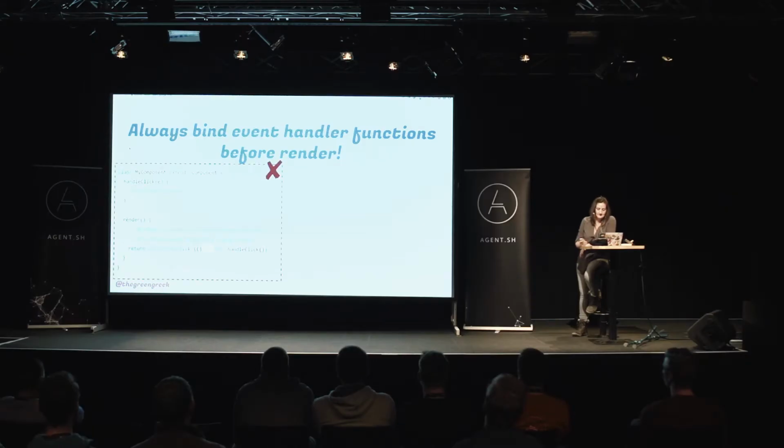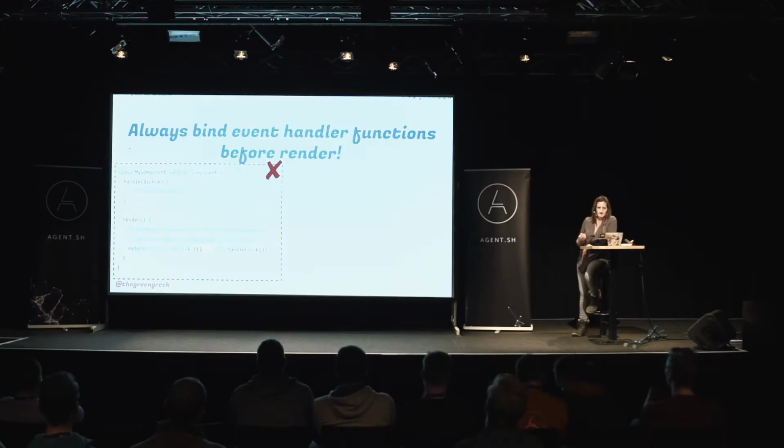But what does it mean when I say bind event handlers before we render? So let's look at what it's not, or not binding. Whenever we have an event handler, we need to access this. And so what is this when you have an event? What is this equal to? It's equal to the window.